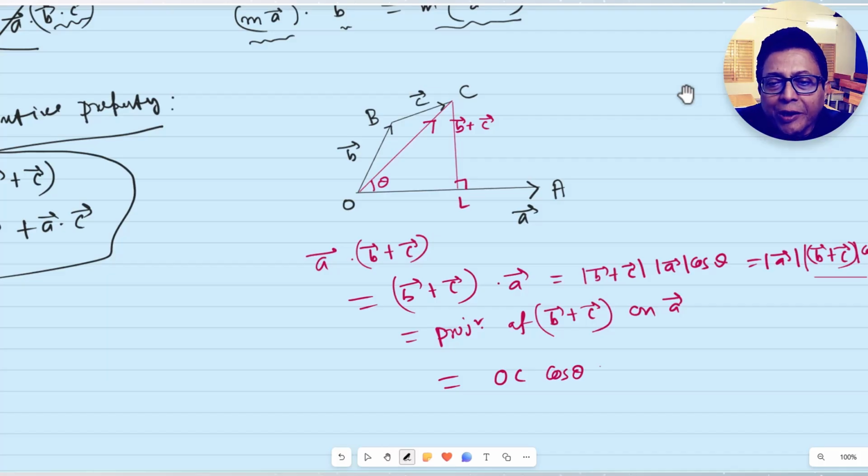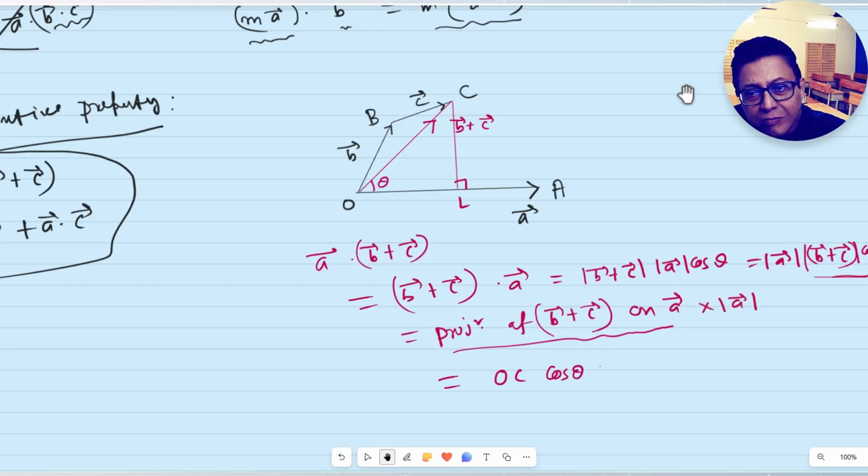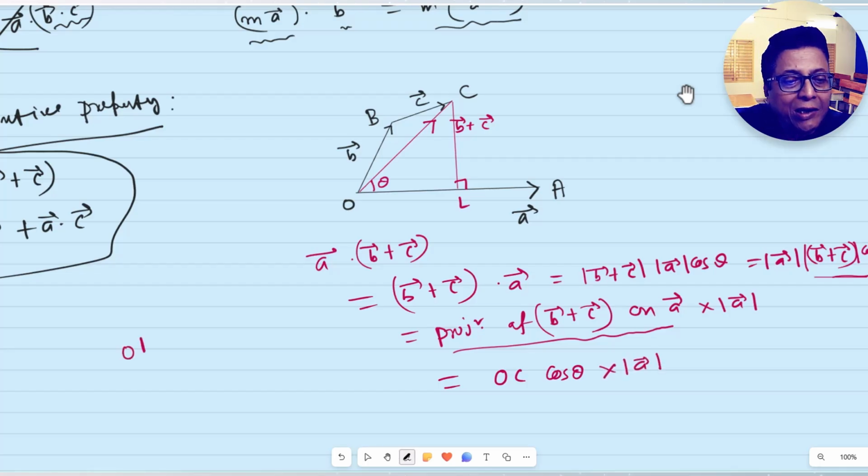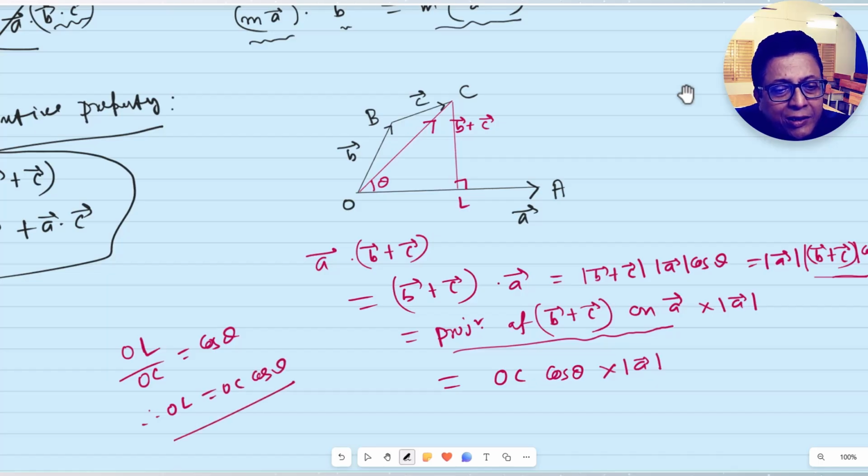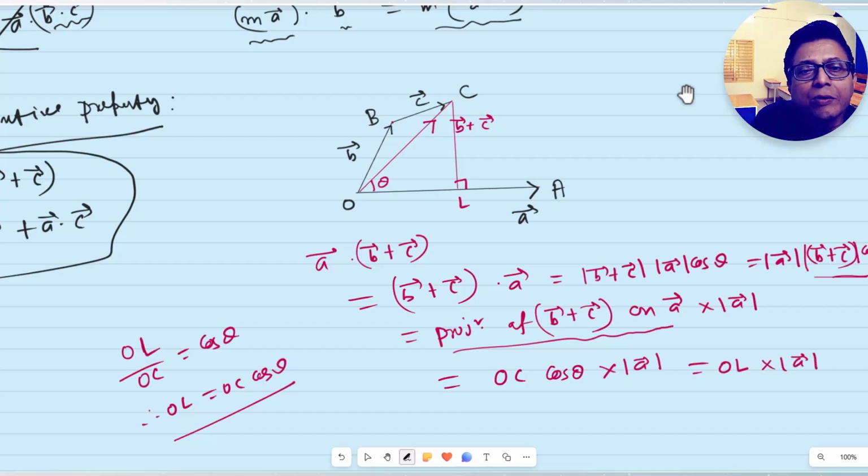Then B plus C cos theta is this part, projection of B plus C on A, into mod A, isn't it? So B plus C cos theta is OC cos theta into mod A. But OL by OC equal to cos theta, so OL equal to OC cos theta. So this is going to be OL into mod A. Draw another perpendicular here.